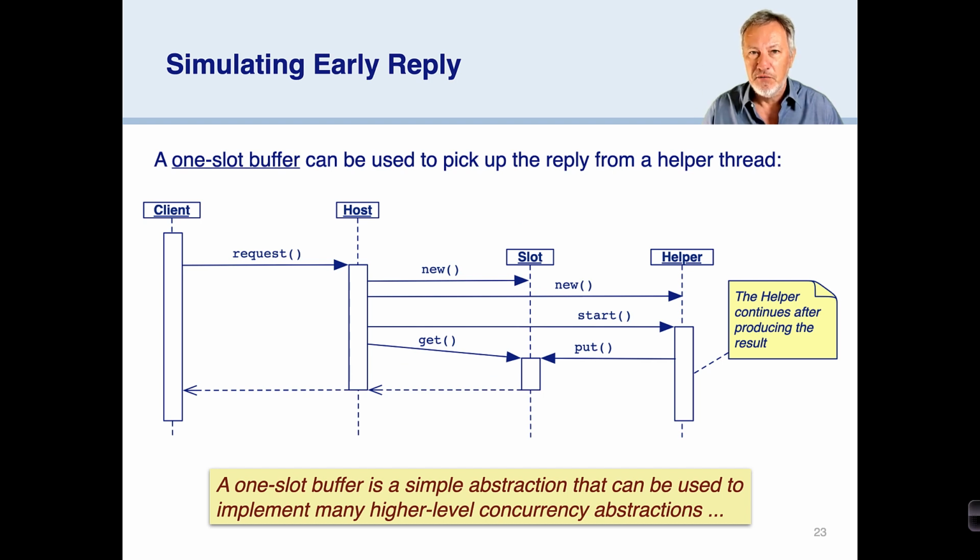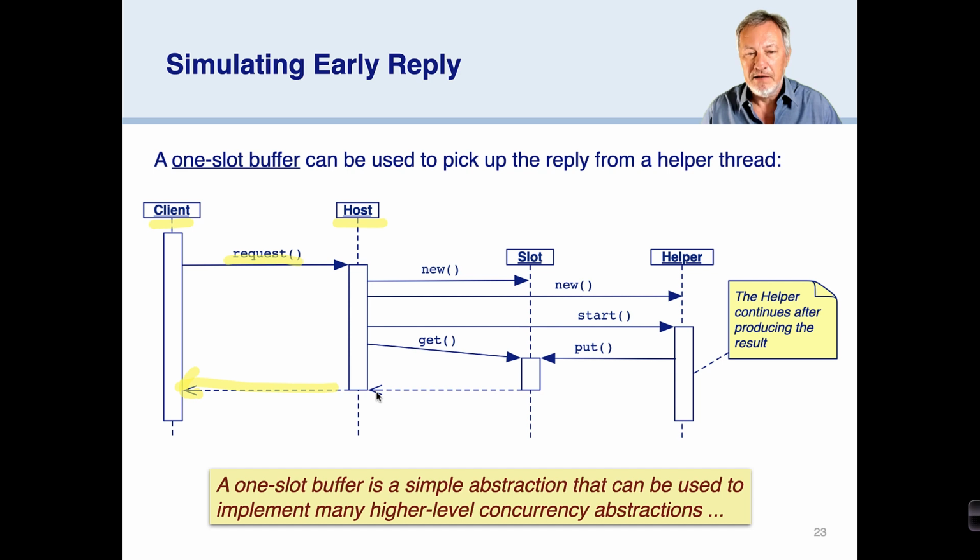So let's see one possible way of doing this. I can imagine there are various ways of realizing something like an early reply in Java. Here's one possible solution. We're illustrating this as a UML scenario diagram. In this diagram, we have a host and a client. The client makes a request, and the host is going to perform an early reply.